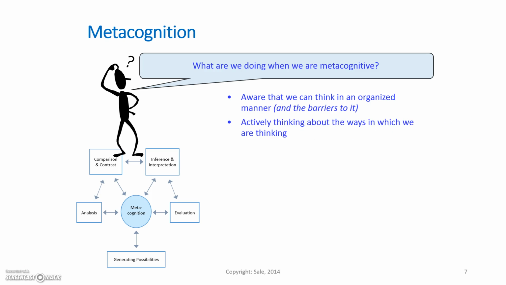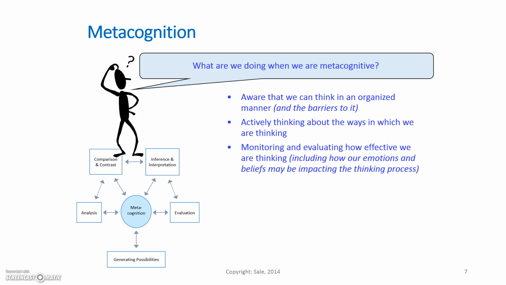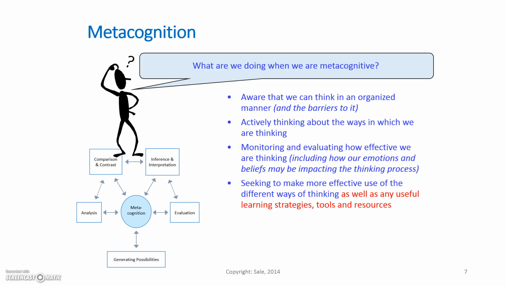But not just being aware, we must actively think about our thinking, things that may be affecting our thinking, and what we're going to do about it. That's why monitoring and evaluating how effectively we're thinking is an important aspect. And perhaps that's where the real results or benefits of metacognition come into play, because it involves understanding our emotions, our beliefs, and how these may be impacting the thinking process.